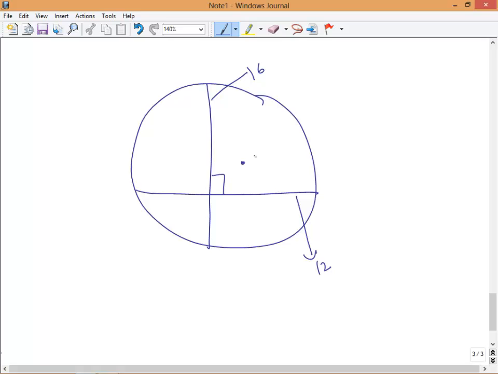Use this one. Just apply that radius. How can we use radius here?